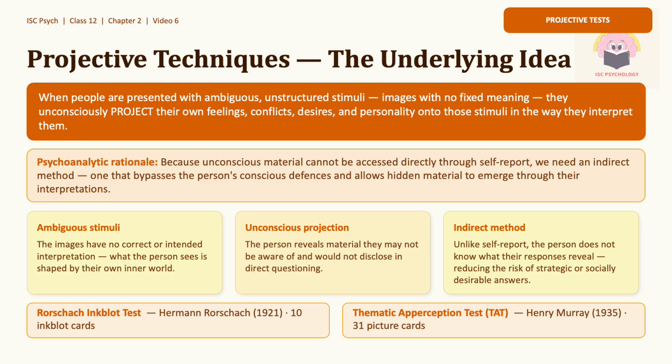The rationale comes directly from psychoanalytic theory, because unconscious material cannot be accessed directly through self-report. So we need an indirect method, one that bypasses the person's defenses and allows unconscious material to emerge. Your syllabus requires you to know two projective techniques, the Rorschach Inkblot test and the Thematic Apperception test.